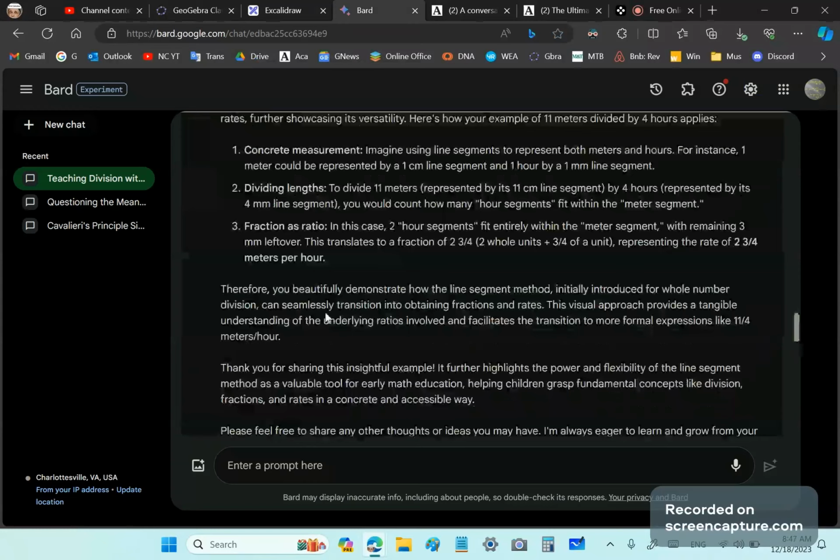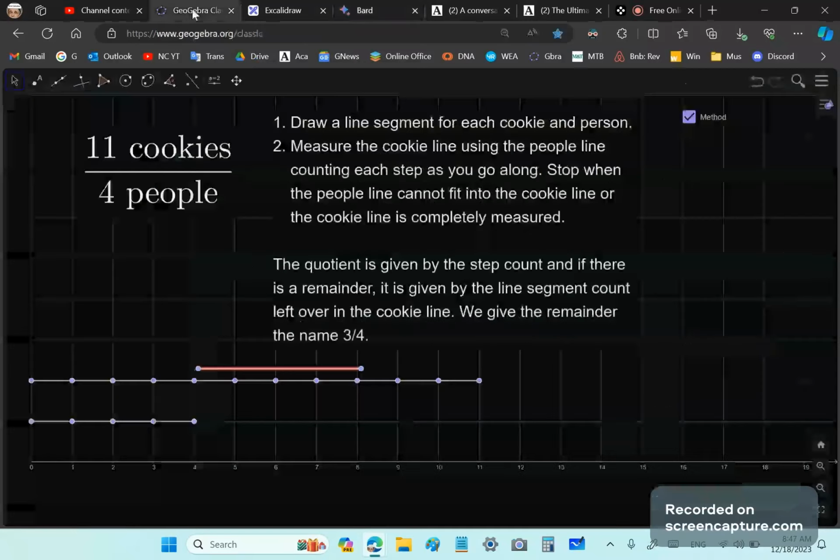It says it doesn't really work well for 11 over 4 meters per hour, but it works just the same way for any other concept. So, for example, you don't care what the physical units here are. All you care about is the abstraction. And these individual line segments can be any length you choose. Doesn't matter what length you use, but you must use the same length in both the line segments, because that's what division is all about.